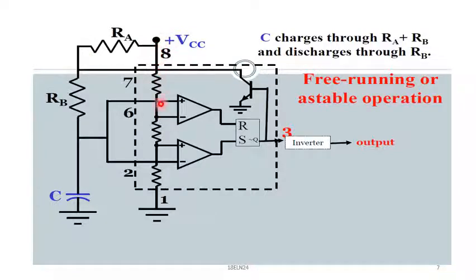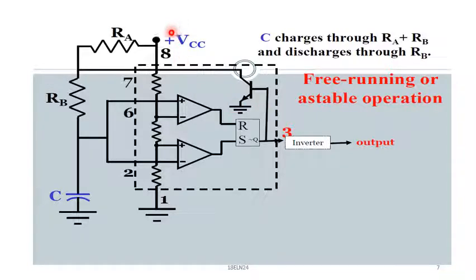There are 3 resistances here, each of value 5 kilo ohm, then the 2 resistances RA and RB, and 1 capacitance C. Now the working of the circuit is: usually C charges through the resistances RA and RB, and discharges through RB.